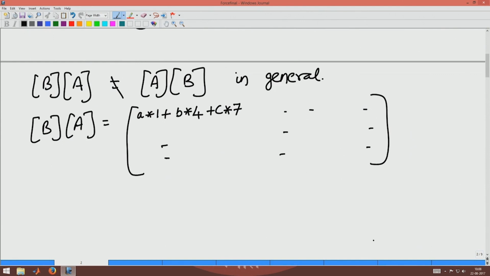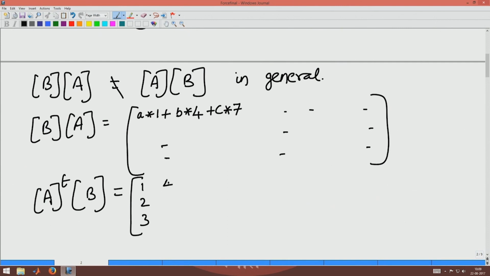Now, I am also interested in finding what A transpose B would be, for reasons that will become evident towards the end of this lecture. A transpose B would be 1 2 3, 4 5 6, 7 8 9, this is A transpose, that is I have to interchange the rows and the columns.